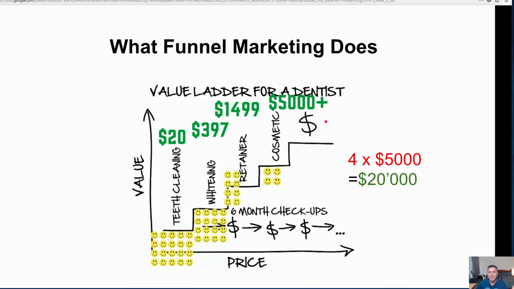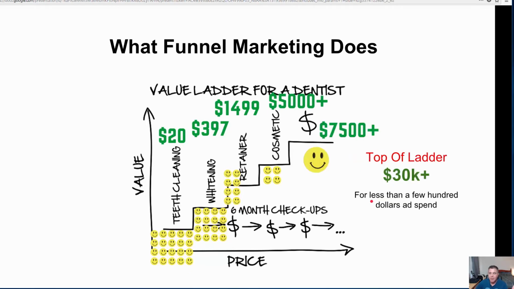Dentistry costs thousands of dollars. So 4 times $5,000 is $20,000. Then let's say they get a couple of implants, and that costs them $7,500 just for that one job. So now if we add all this up, we're up to about $30,000 plus worth of business.